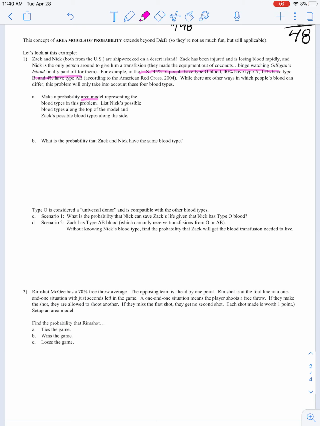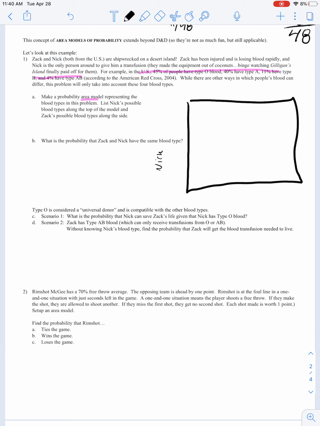So we're going to list all the possible blood types that Nick and Zach could have. So it gave us 4 blood types. We're going to make one side Nick and one side Zach.